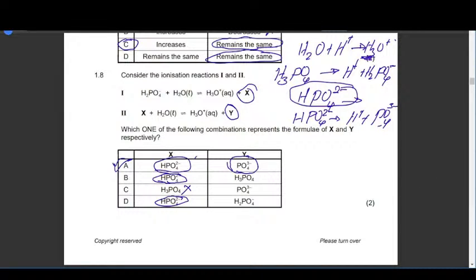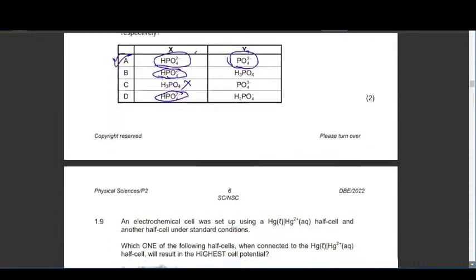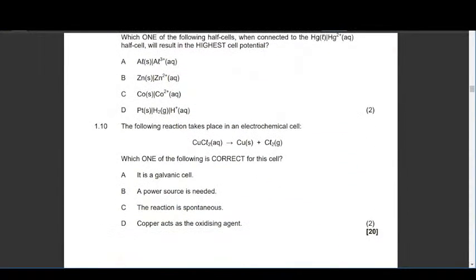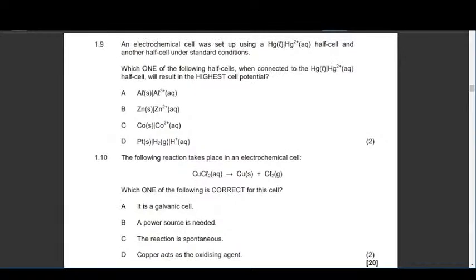Then let's go to 1.9. They're saying an electrical cell was set up using mercury, not silver. Using mercury. And then the half cell and another half cell under the standard conditions.